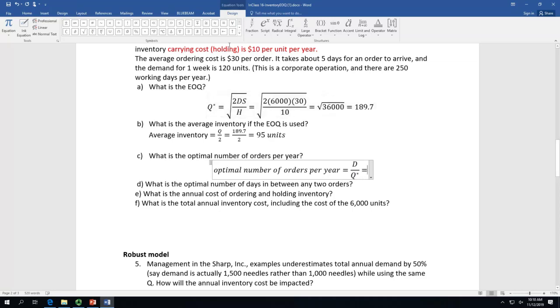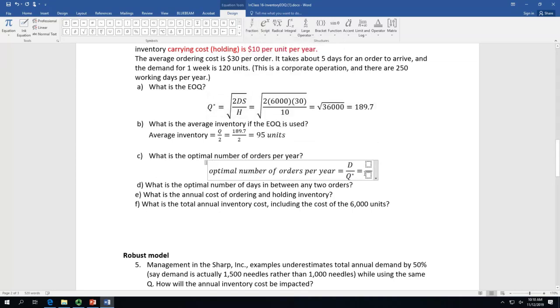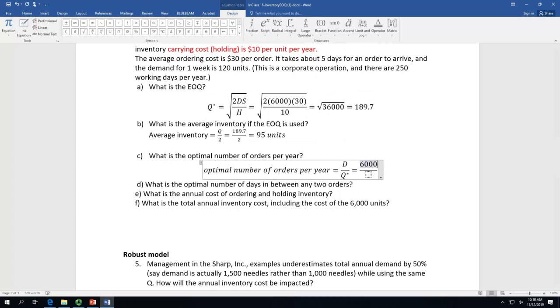So D is 6,000, and Q star equals 189.7. The optimal number of orders per year is about 31 or 32 orders per year.